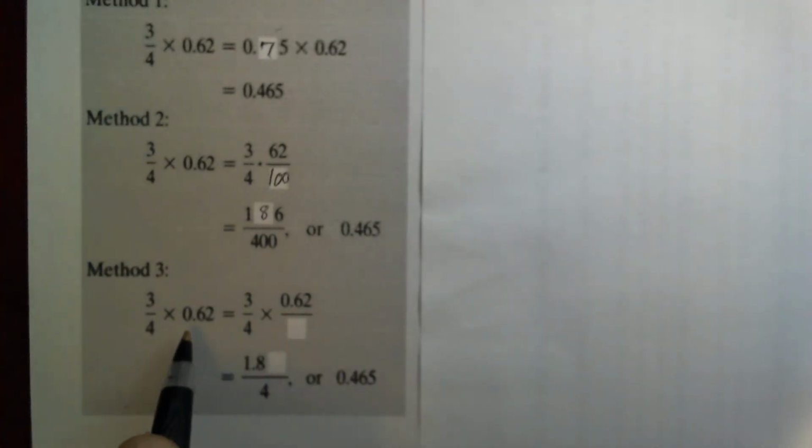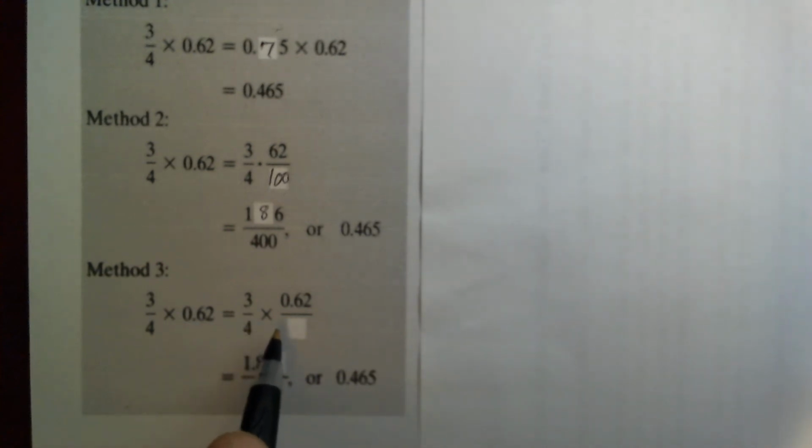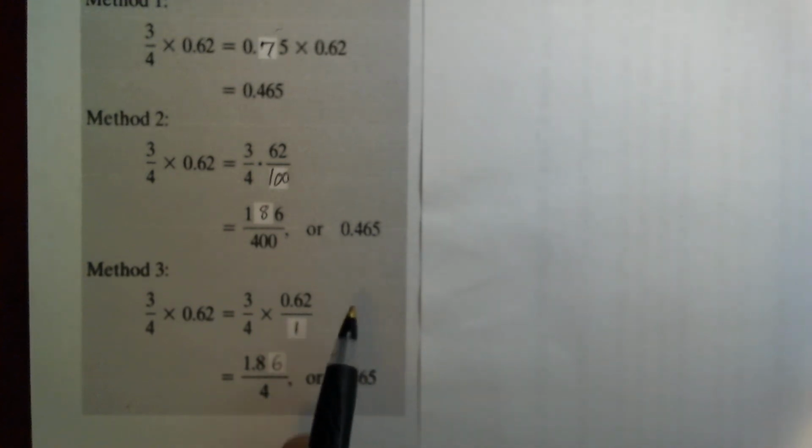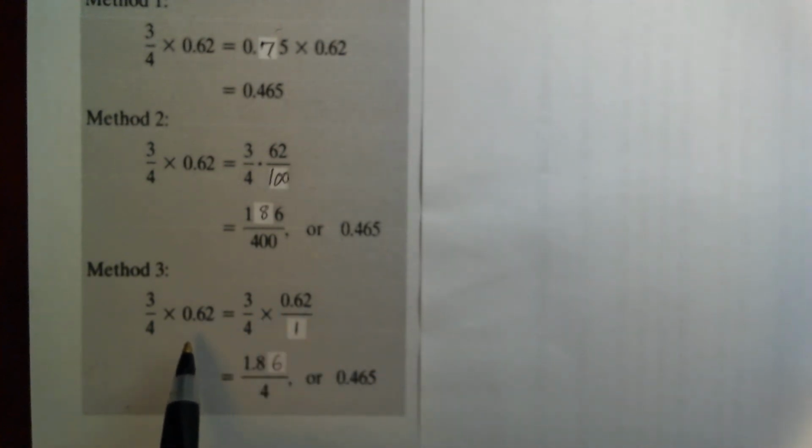And method 3, 3/4 times 0.62 is 3/4 times 0.62 divided by 1. And now we take the product of the numerators. 3 times 0.62 is 1.86, and 4 times 1 is 4, and 1.86 divided by 4 is 0.465. Of course, the results are always the same, which is what you would expect. But here you have three ways to multiply a fraction times a decimal.